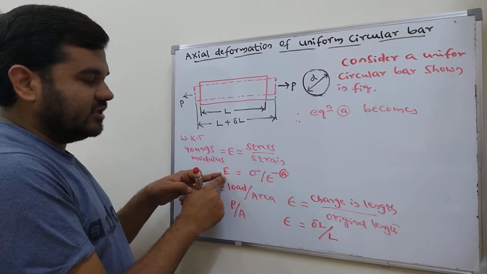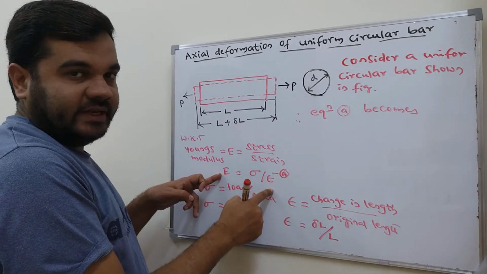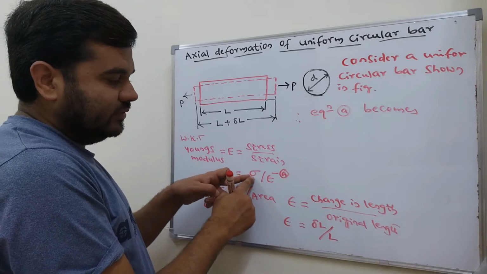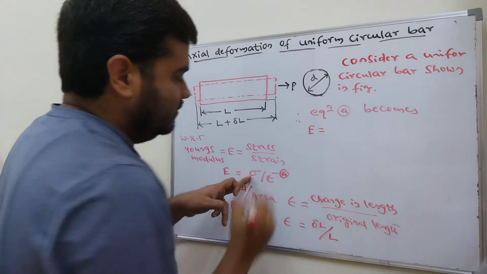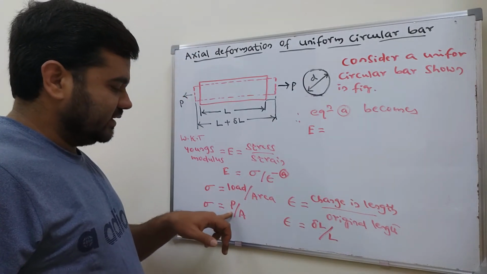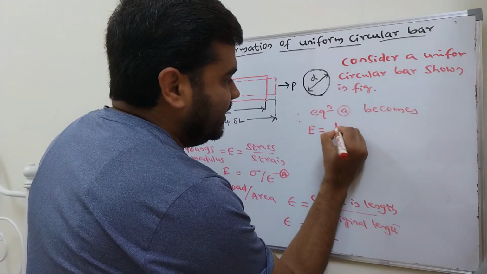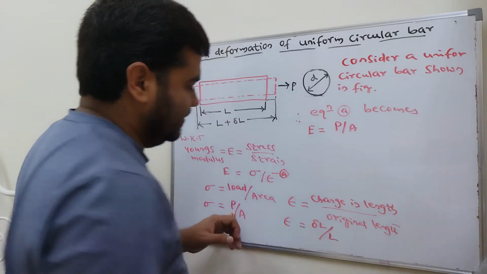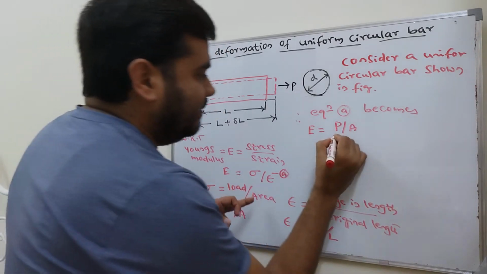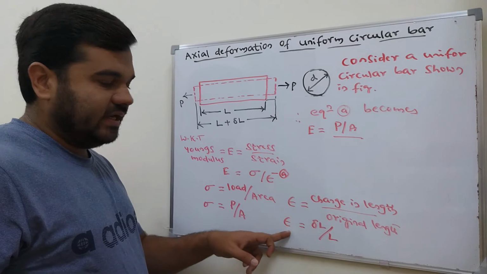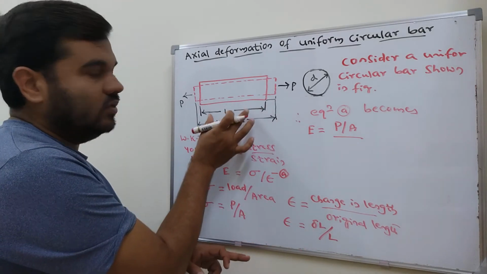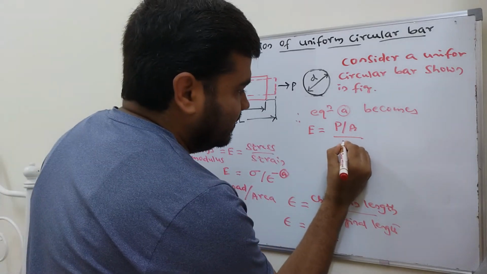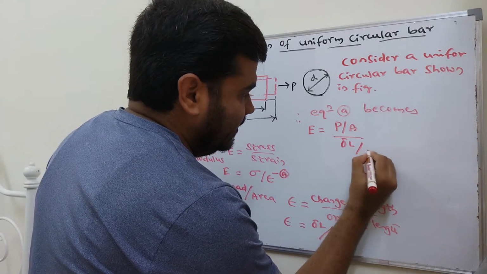Equation A is Young's modulus E equal to stress divided by strain. Now substitute stress value and strain value. E equal to, stress is load divided by area, that is P divided by area. Divided by strain, which is change in length divided by original length, that is del L divided by L.